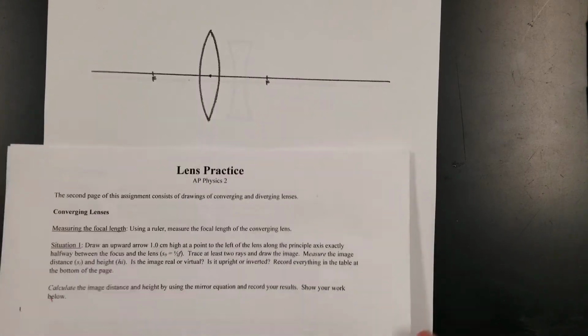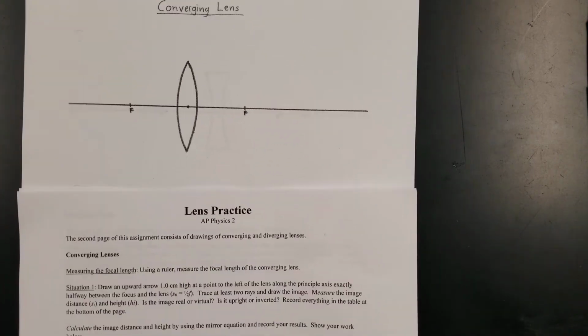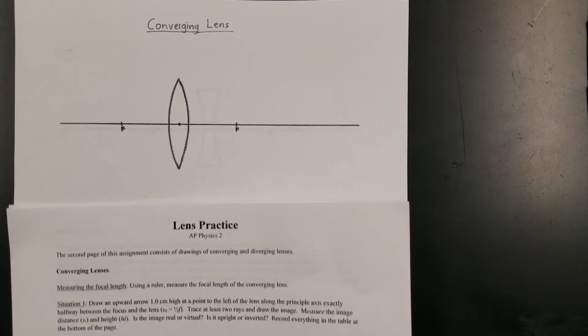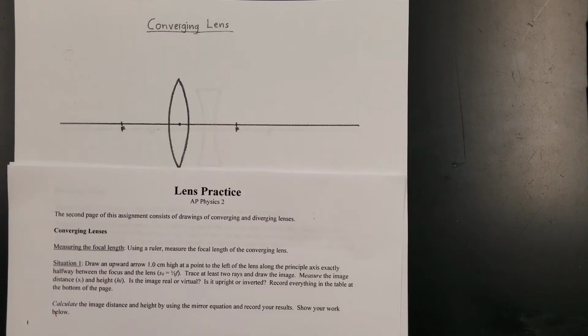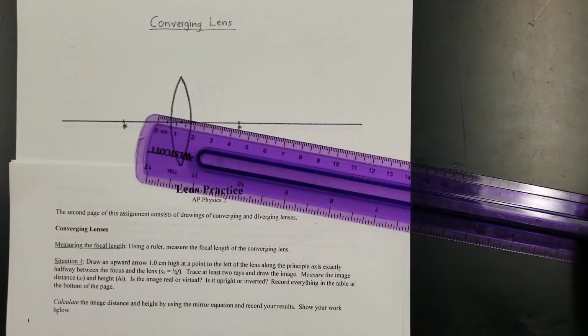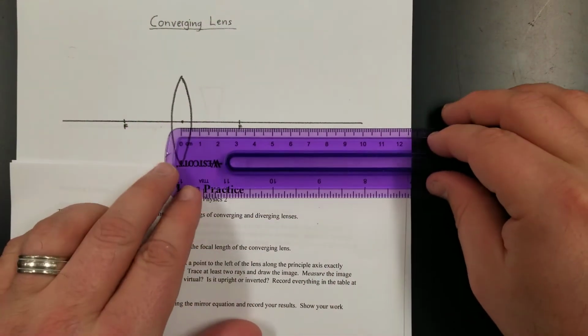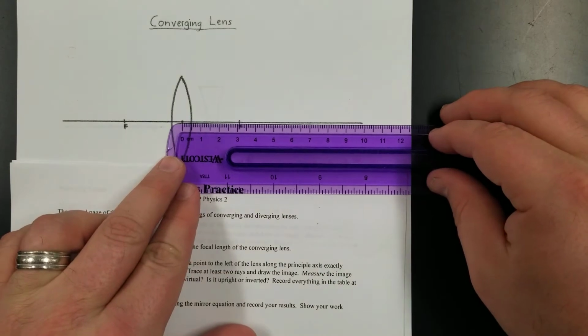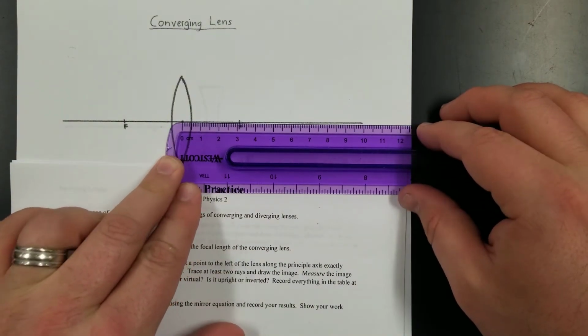So let's look at this first example of a converging lens together. First thing we're going to do is measure the focal length. We're going to grab our ruler and measure from the center, there's a dot in the center of the lens, to the focus that's already plotted for you.